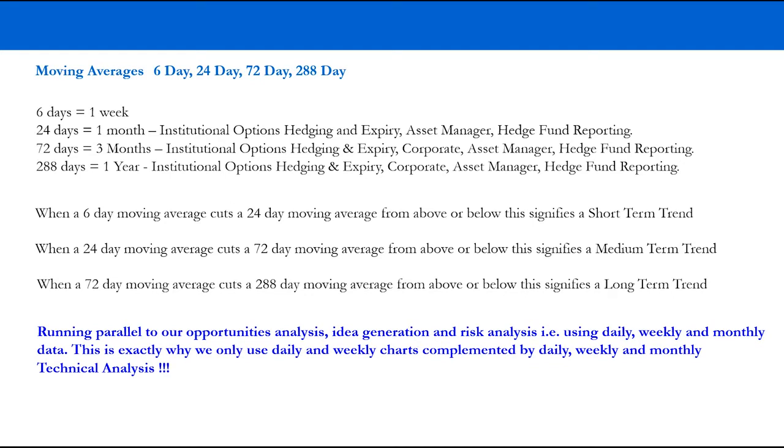So running parallel to our opportunities analysis, our idea generation, and our risk analysis is us using daily, weekly, and monthly data, daily and weekly and monthly charts. And this is what we do. We line up technical analysis and volatility analysis, and we make sure we're looking at the same thing.